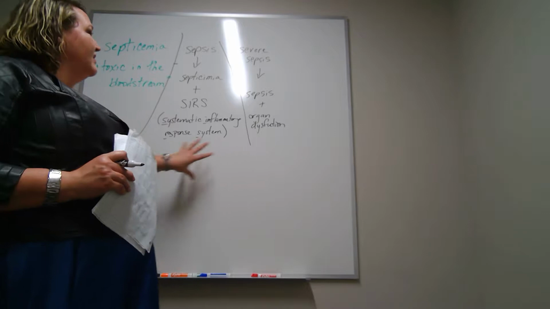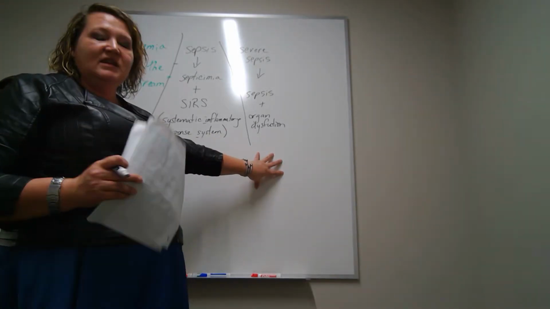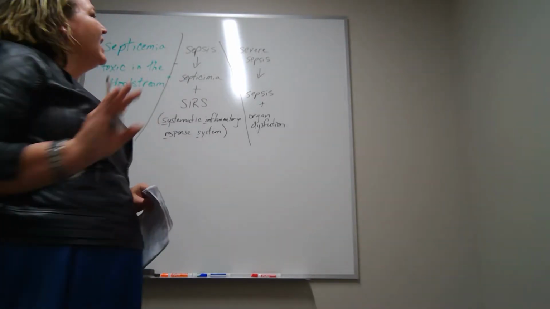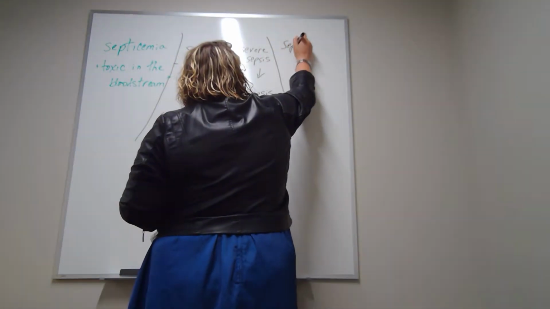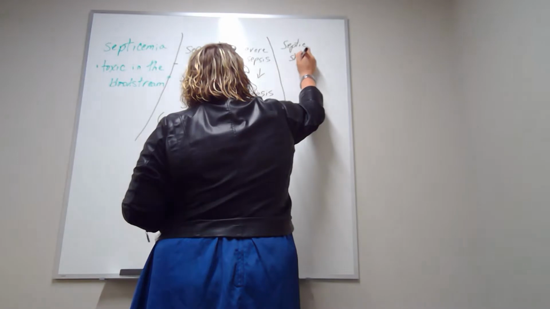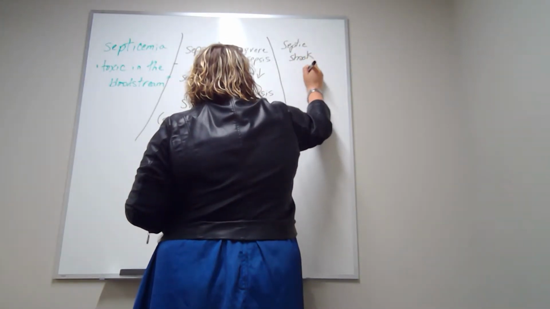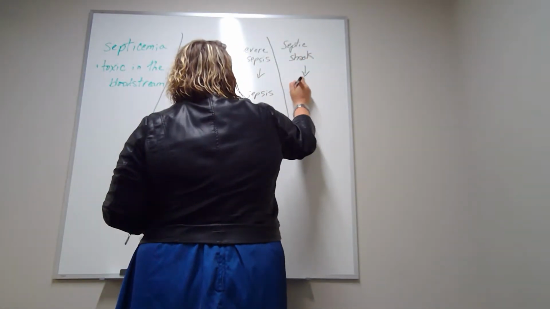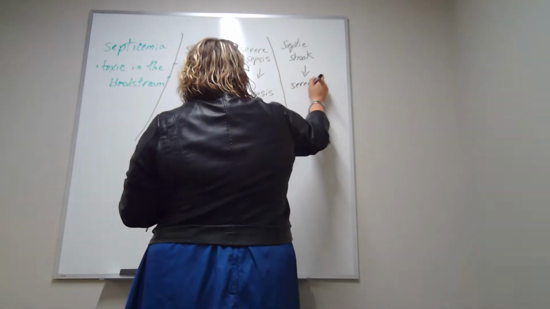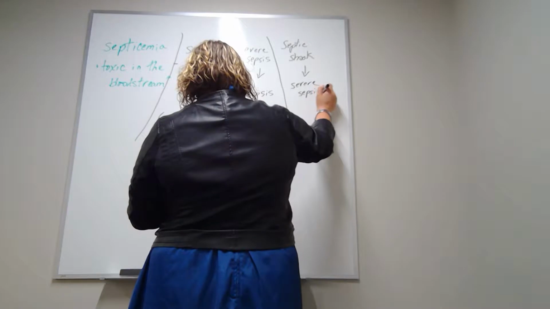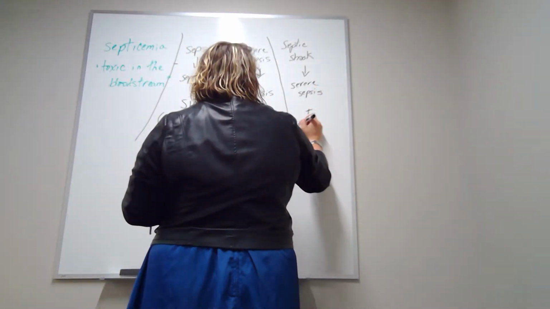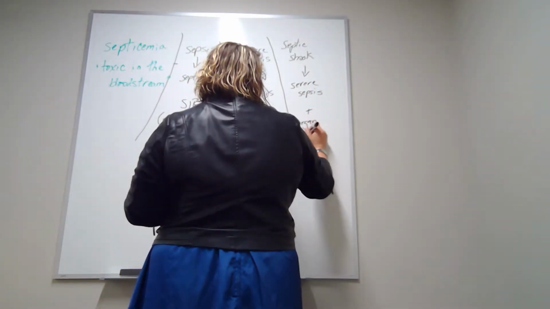Severe sepsis is sepsis plus organ dysfunction. And then finally, we have septic shock. And septic shock is severe sepsis plus organ shutdown.